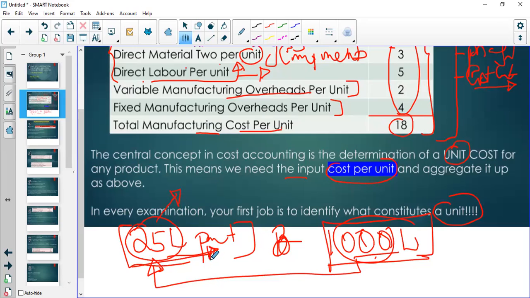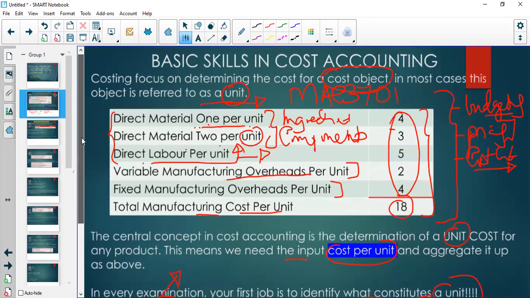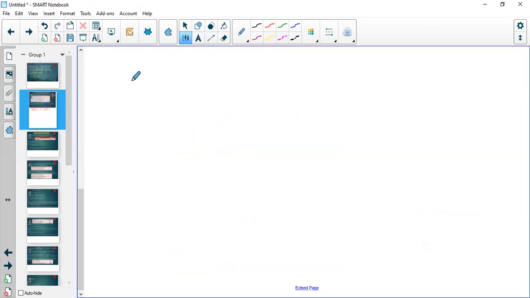Right. So that says to you, it's crucial to be able to determine what constitutes a unit, because all adjustments should be adjusted to the cost per unit. Right. And one of the key relationships that we use in cost accounting, I don't know why I didn't prepare that on a separate page, is this.